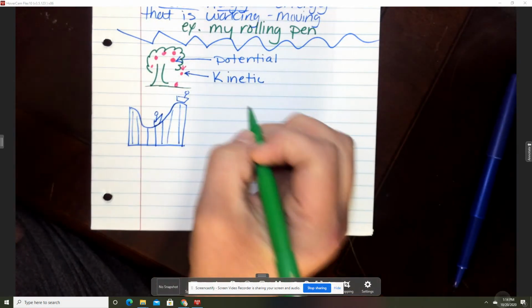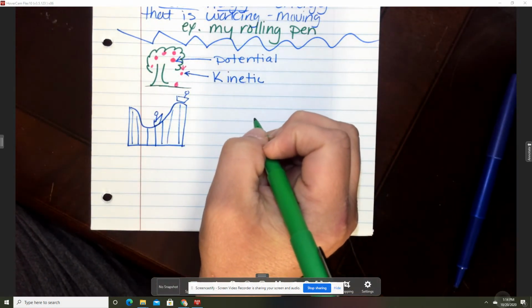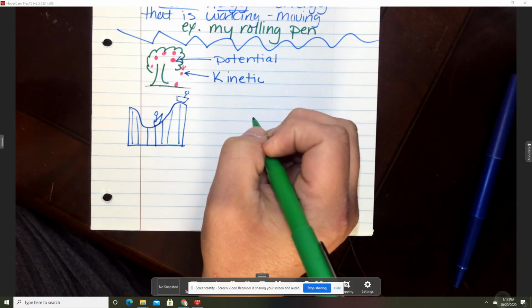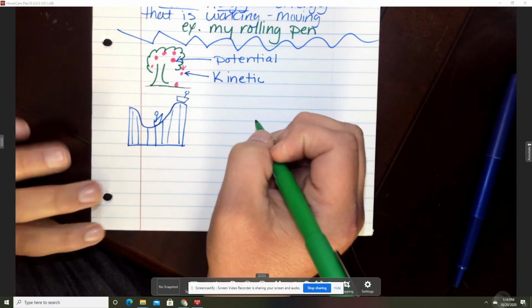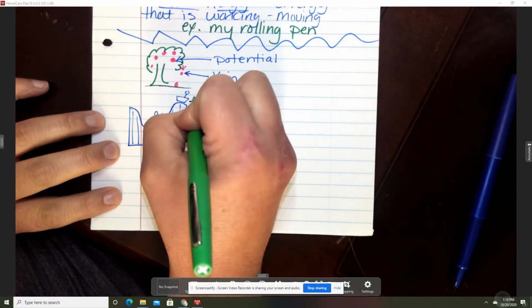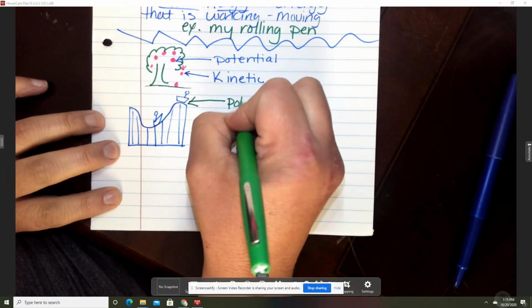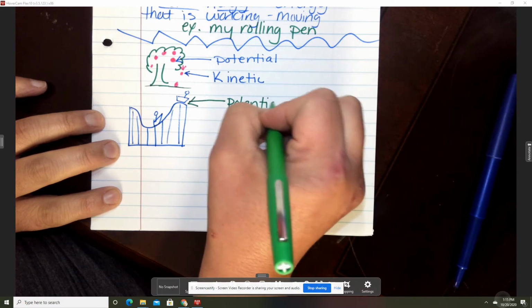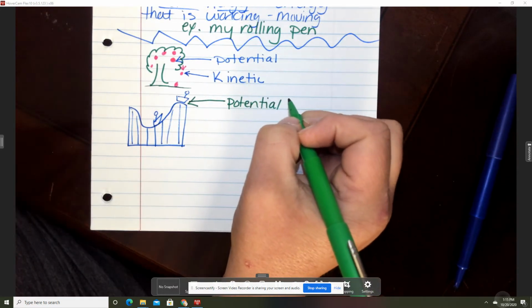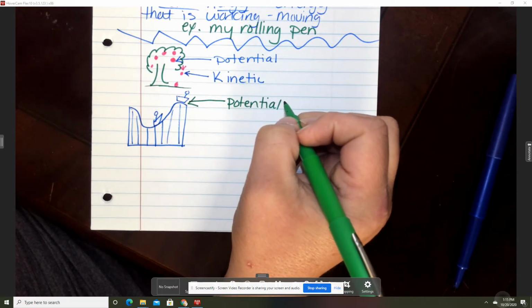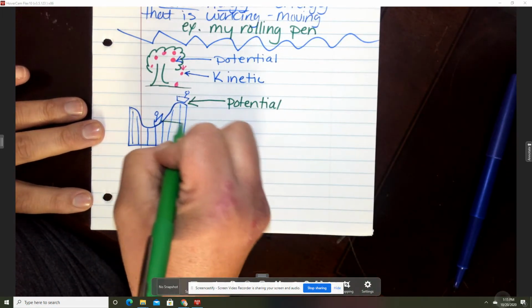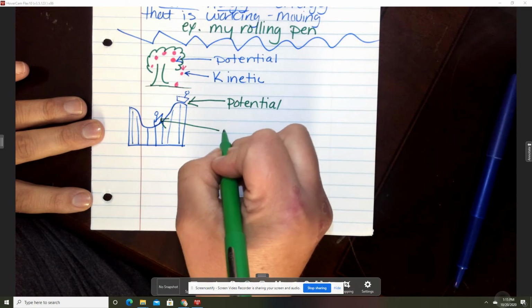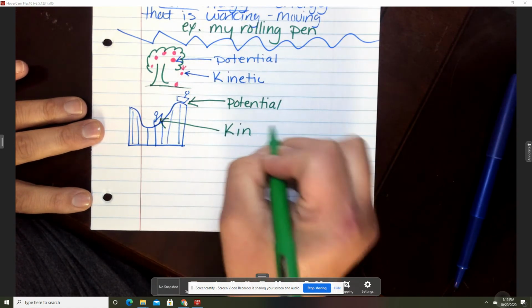If you're on a roller coaster and you go to the top of the hill, just for a second, you're going to sit there, right? So that would be potential. You're waiting on gravity to push you over, to be that force. And this fella, his cart's just going, right? He's heading down that hill, so he's got kinetic.